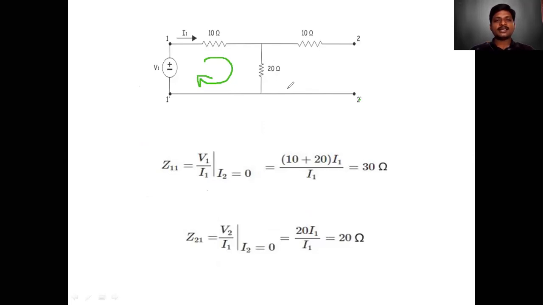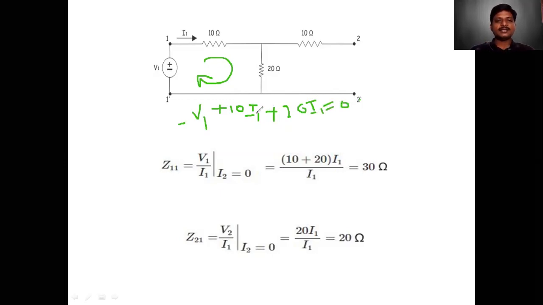When you apply KVL, then you can write minus V1 plus 10 into I1 plus 20 into I1 equal to 0. So this is the equation you will get.